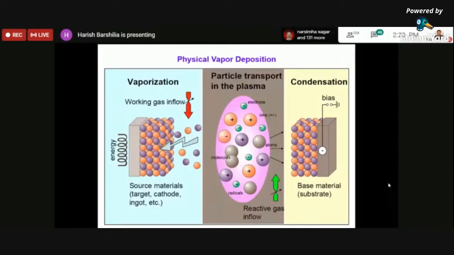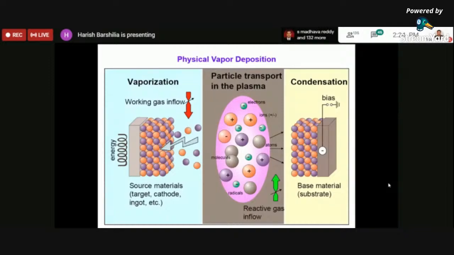So, as I mentioned in the first slide, we use both physical vapor deposition as well as wet processes to develop these kinds of coatings. To give you an example, the physical vapor deposition process looks like this.